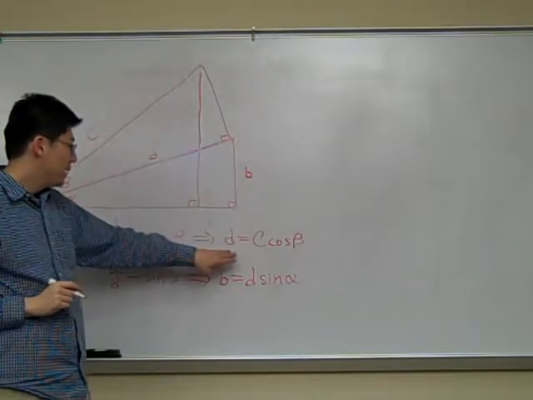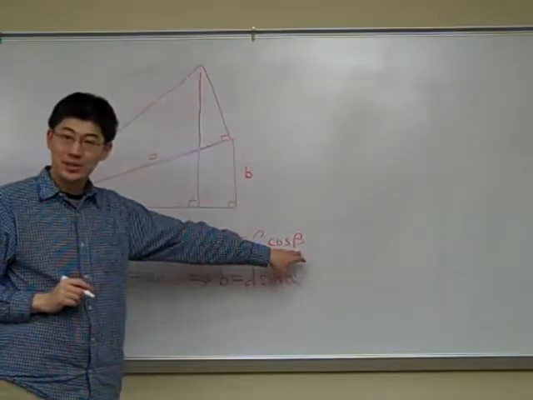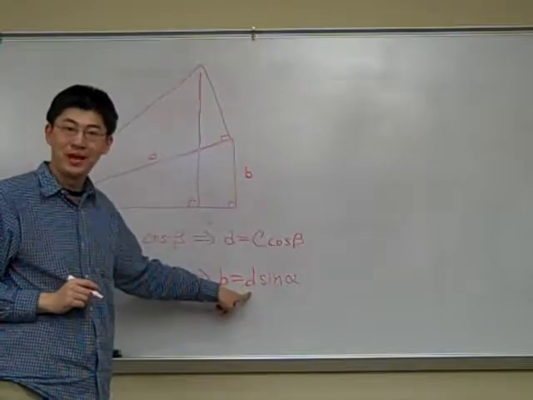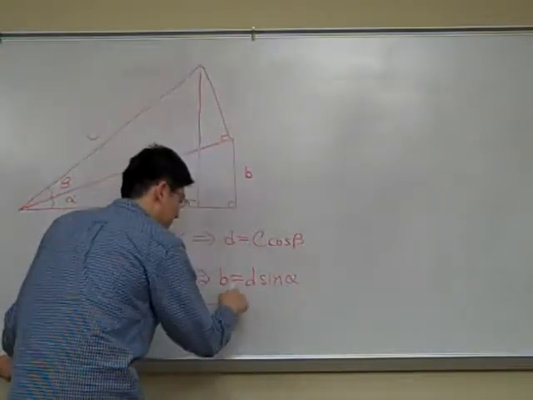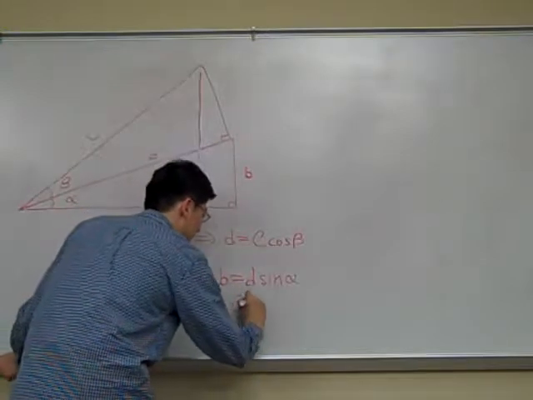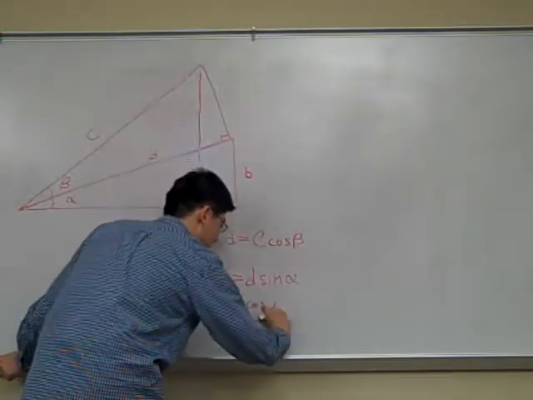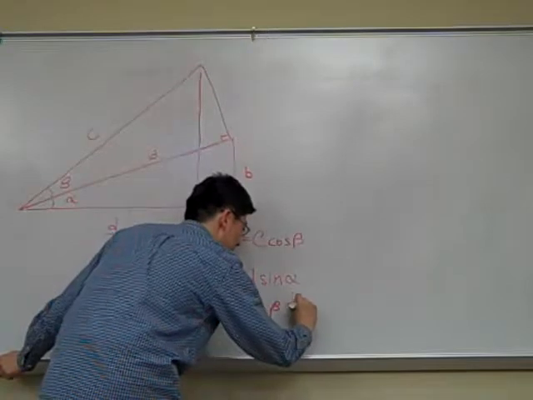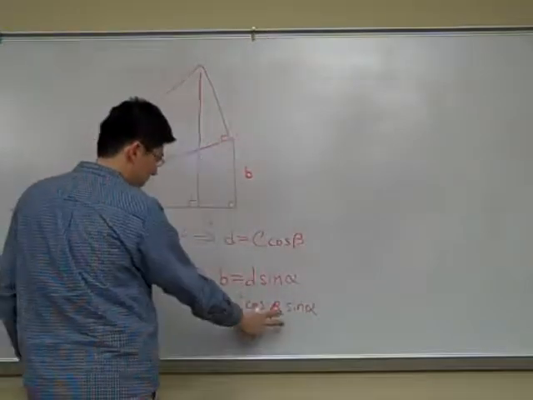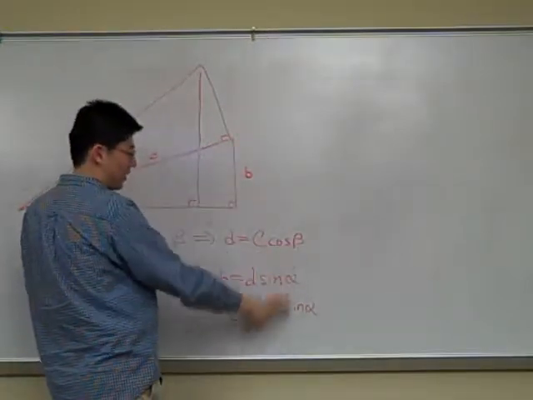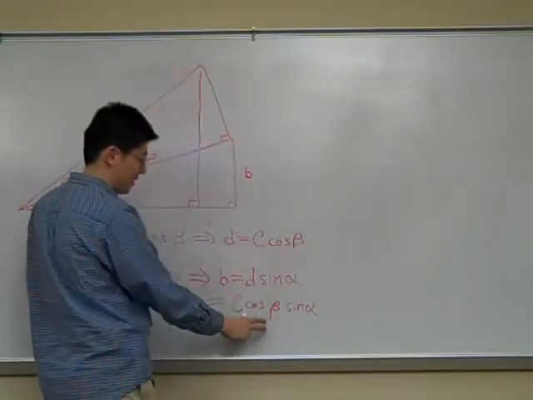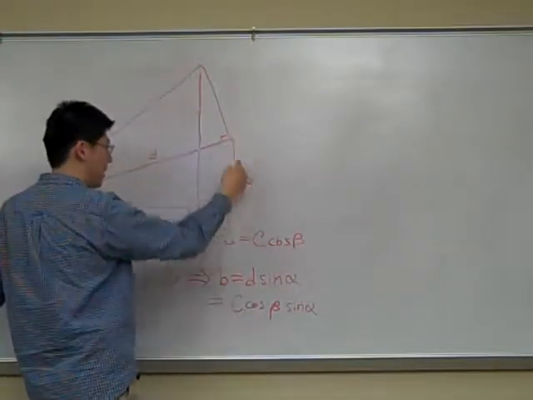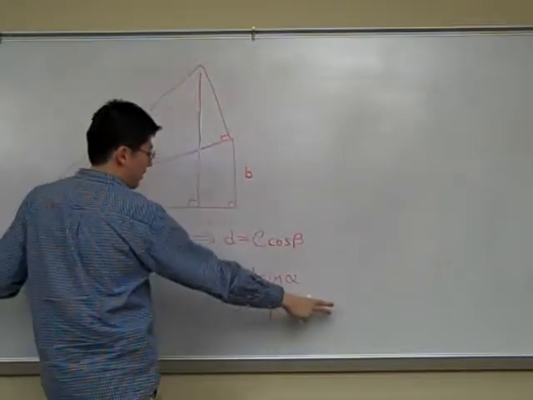But D was already equal to C times cosine of beta, so we can actually substitute that in for D, and this gives us that B is going to be equal to C cosine of beta times the sine of alpha. So just substituting C cosine beta in for D, we'll get that this length B here is C cosine beta sine alpha.